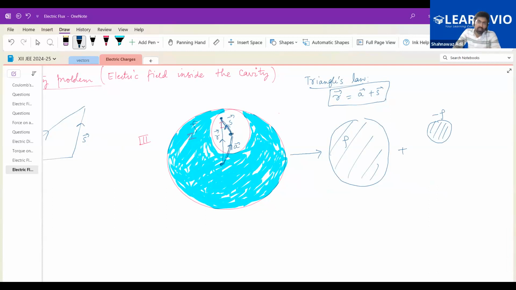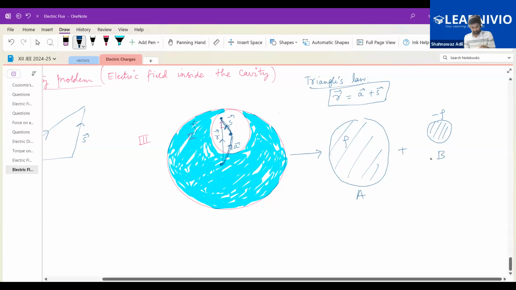So if we talk about these two spheres, then at this point, what would be the electric field contribution? Let's say this is A sphere, this is B sphere.